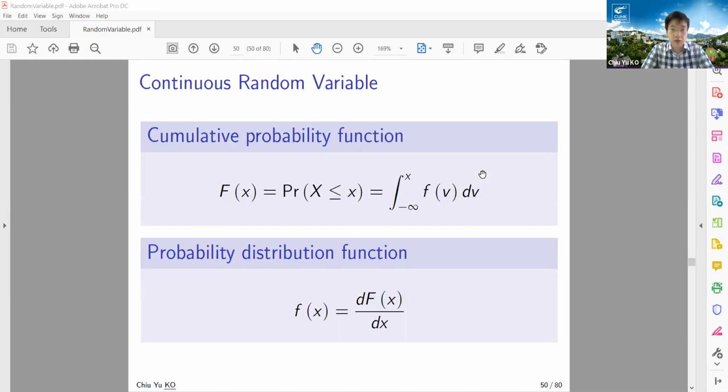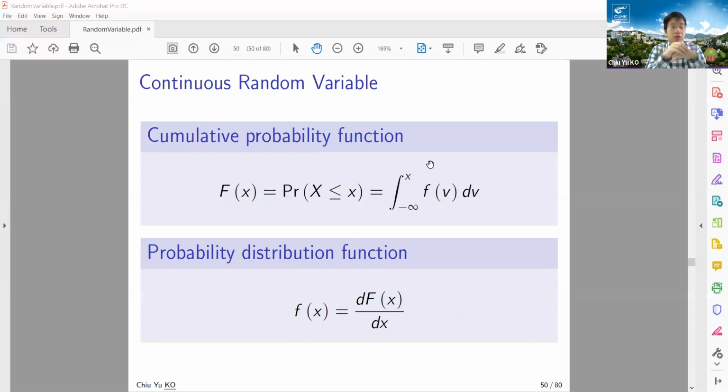So to review, let us go back to consider the random variable, right? Last class, we talked about the cumulative probability function, because continuous means you can't list all of them, right? So that means that you have to have some way to describe them, right? You cannot tell what is the probability of such a thing, because you cannot count all of them.